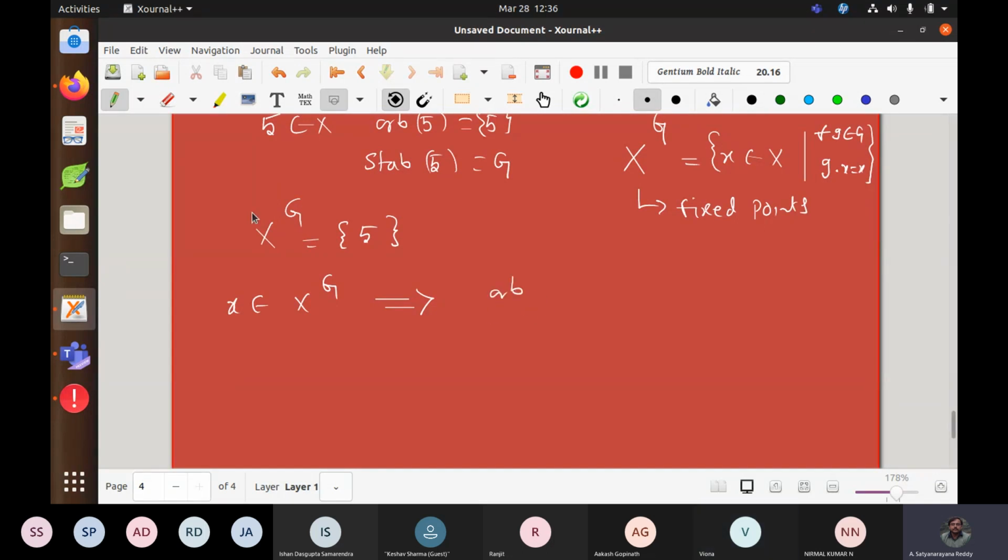Orbit of x is singleton x. So this way also we can define. Xg is equal to all x belongs to X such that orbit of x is equal to singleton x only. So this is the way also we can define.